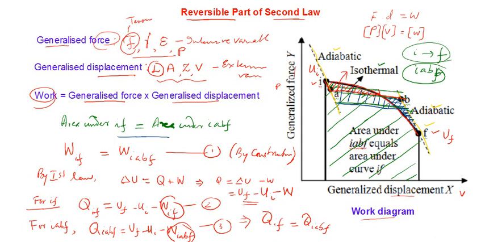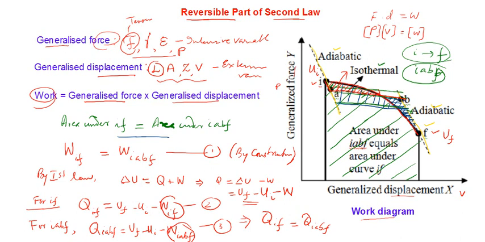So what does it mean? Let's stop a bit and think about it. QIF equal to QIABF. Whether the thermodynamic process proceeds along the smooth curve IF or along an equivalent zigzag curve made up of two adiabats and an interconnecting isotherm, the heat exchange will be equal.